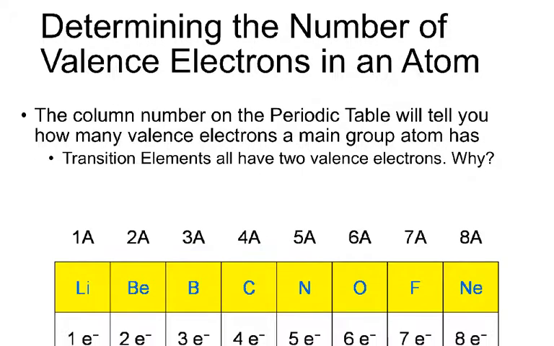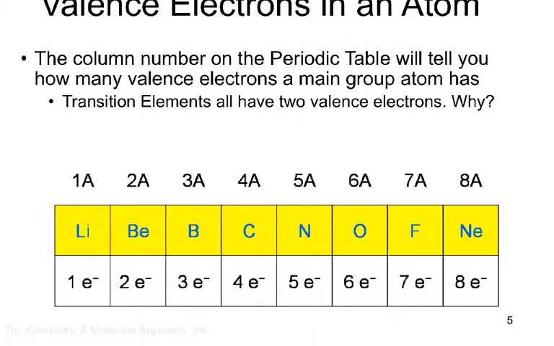Okay, in order to understand Lewis theory, we need to talk about valence electrons. If you remember, we talked back in chapter 8 about how the column number on the periodic table will tell you how many valence electrons a main group atom has. So if you look at the top of the periodic table, there's the column numbers with the letter A after them. That tells you how many valence electrons a main group atom has.